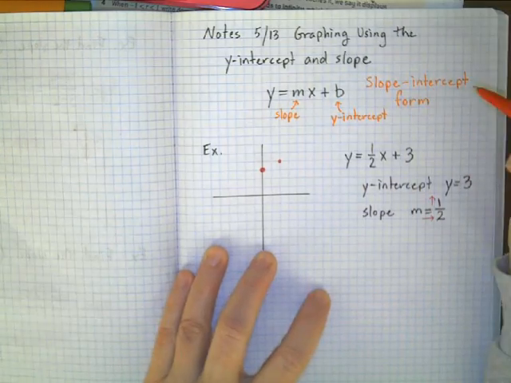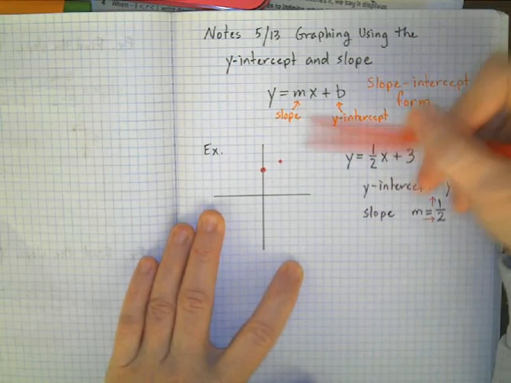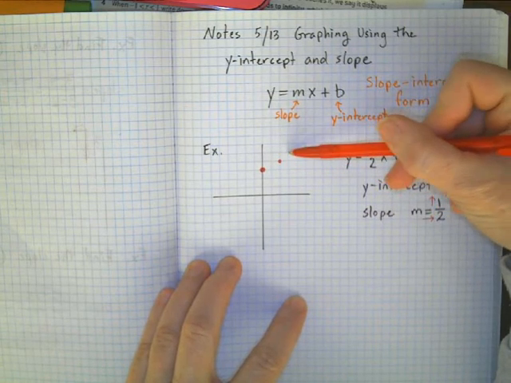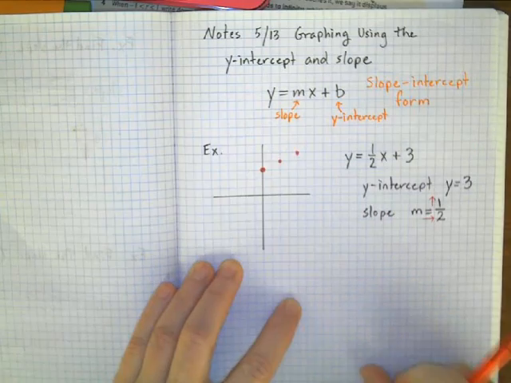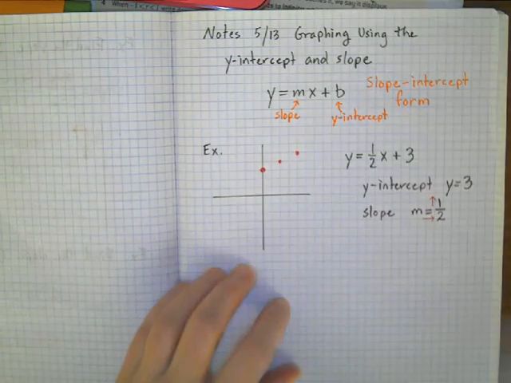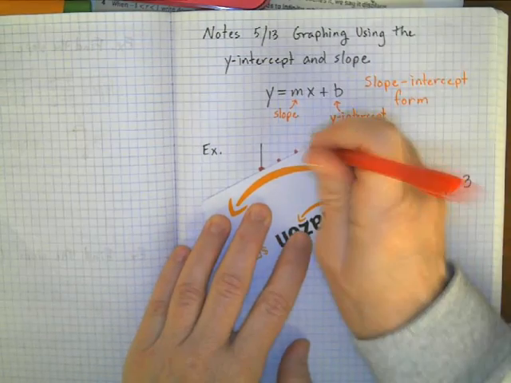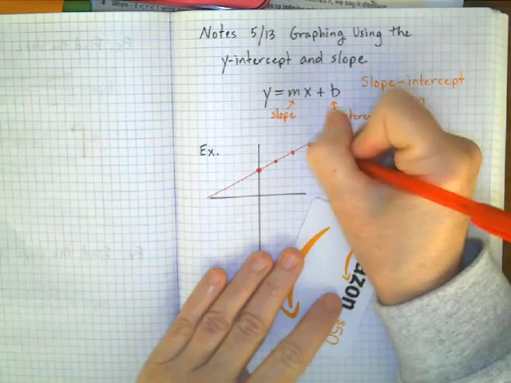And I can actually do it again. I can put more points on my line. Again, from here, I can rise 1 and run 2. Once I have 2 or 3 points, I can take my handy dandy ruler and connect them together. And there I have my line.